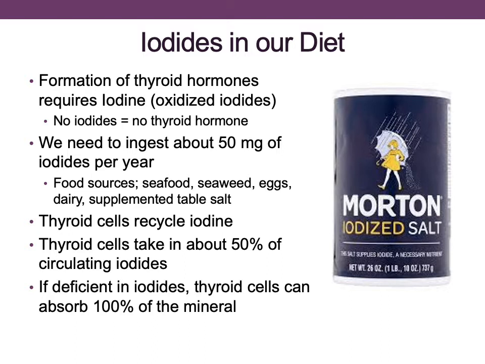Food sources are seafood, seaweed, eggs, dairy, or supplemented table salt. Thyroids are very efficient in recycling the iodide that they receive. However, if they are a little deficient, thyroid cells can take in about 50% of circulating iodides, and if they are significantly deficient, thyroid cells can absorb 100% of the iodide mineral in circulation.